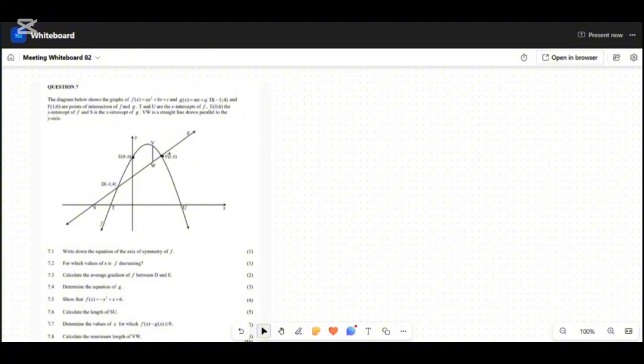So in order to find the value of the axis of symmetry, you can basically say 7.1, x is equal to adding the value of x of point E and the value of x of point F. So x at E plus x at F, all divided by 2, right?